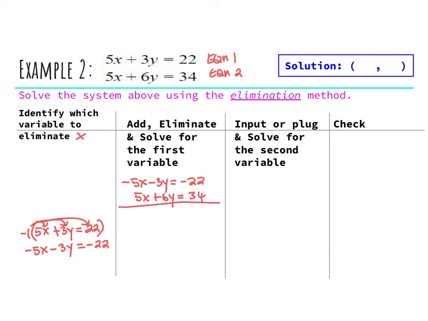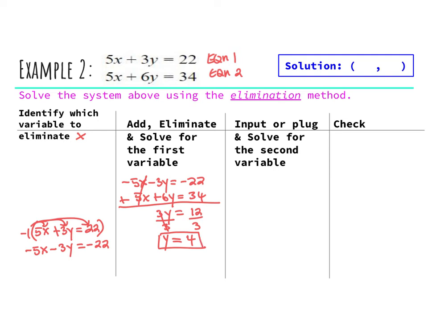Adding those two equations, we have -5x plus 5x is 0, so x gets eliminated. -3y plus 6y is 3y. And -22 plus 34 is 12. Dividing both sides of the equation by 3, 3 divided by 3 is 1, and we have y equals 12 divided by 3, which is 4.